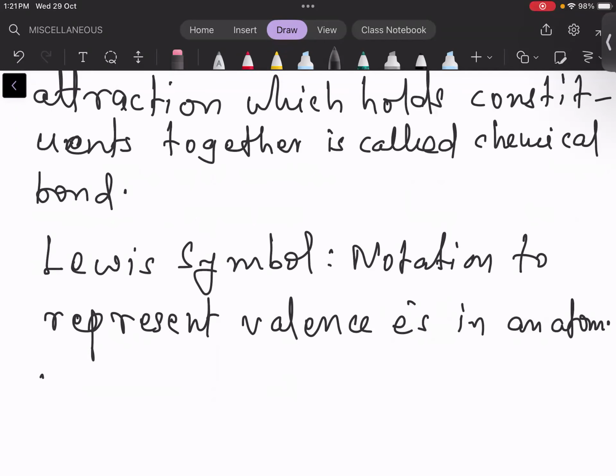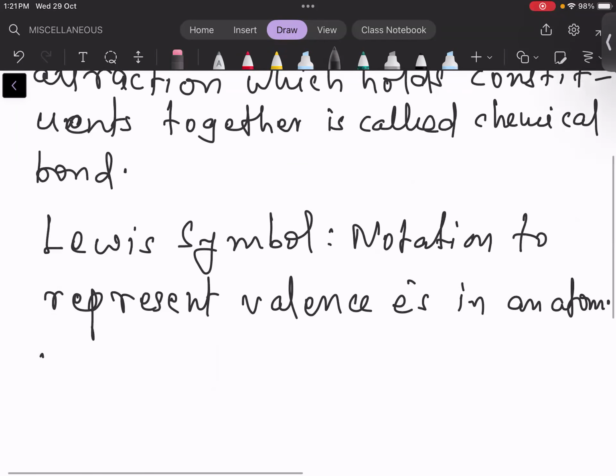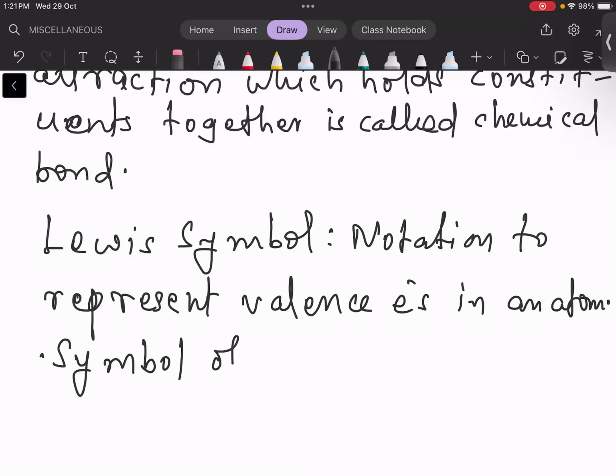According to Lewis, the symbol of an element represents the nucleus.